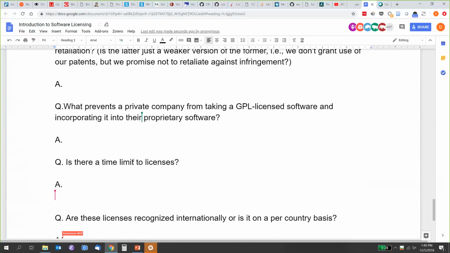So here's a question. What prevents a private company from taking GPL licensed software and incorporating it into their proprietary software? In fact, nothing, but it would not be legal. There are organizations out there that are on the watch for this. One of the common places that you see this is in things like network routers and other devices that you often buy for home use, maybe your smart television.